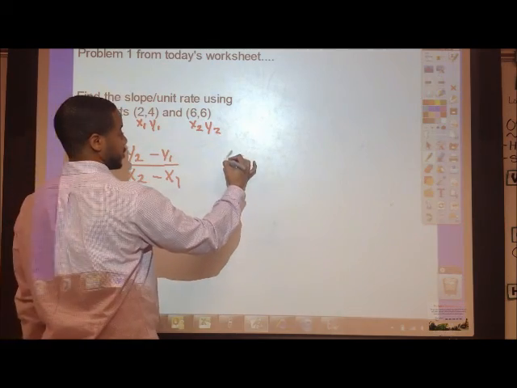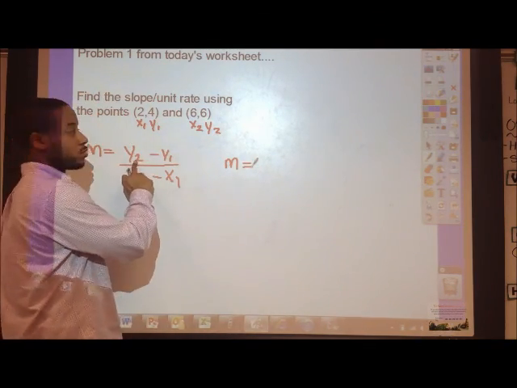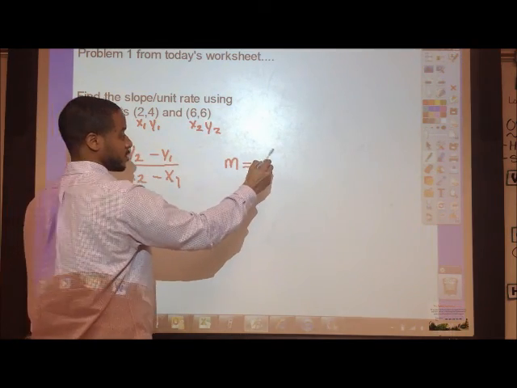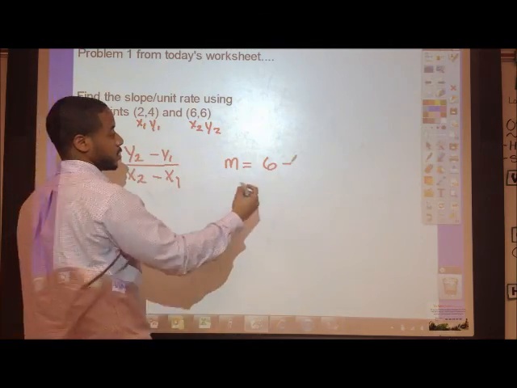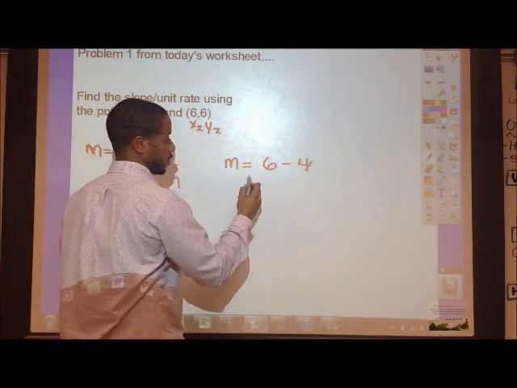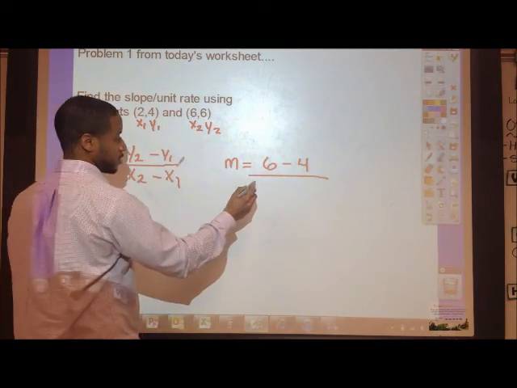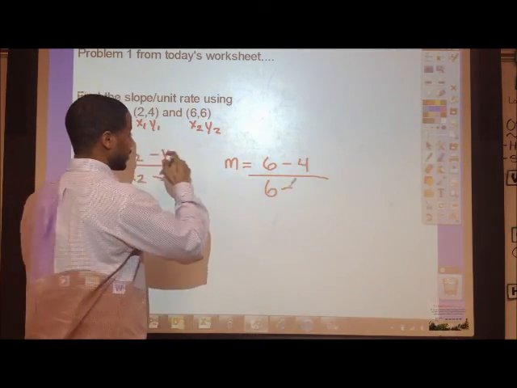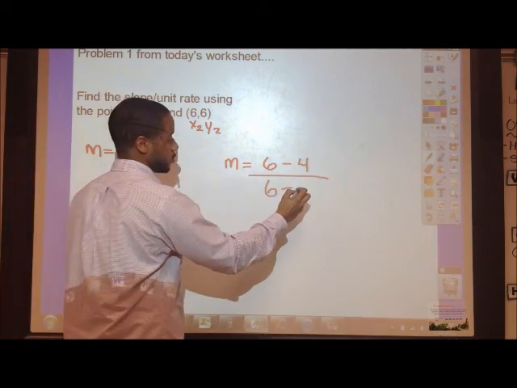So over here we're going to do m equals y2. y2 we already said is 6, minus y1, which is 4, all over x2, 6, minus, that just comes from the formula, x1, which is 2.